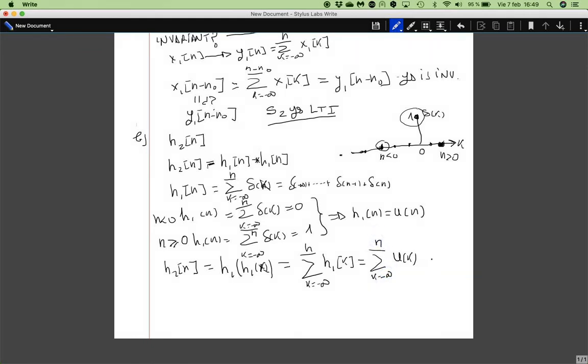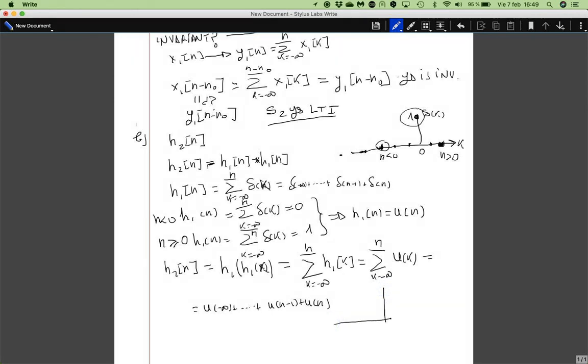Okay, what is it? So this is u at minus infinity plus all the way up to u[n minus 1] plus u[n]. What is this? Look at that. We can draw or we can calculate. We have here a signal to which we have to add u[n].